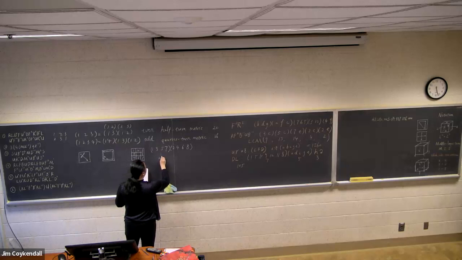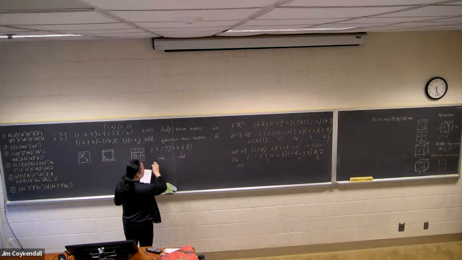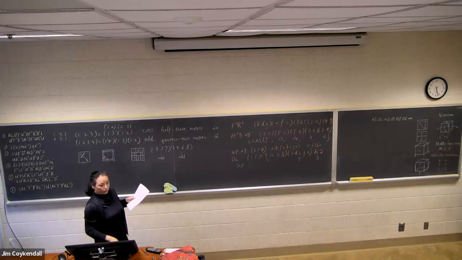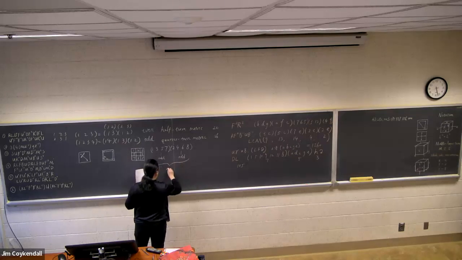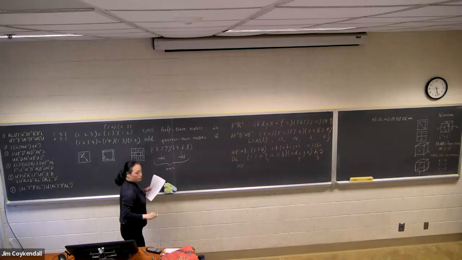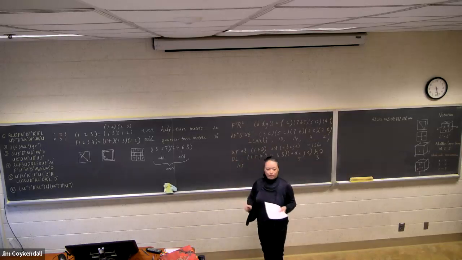And this one is odd. This one is odd. That gives you an even permutation. So each turn results in an even permutation. So whatever you do, you always get an even permutation.